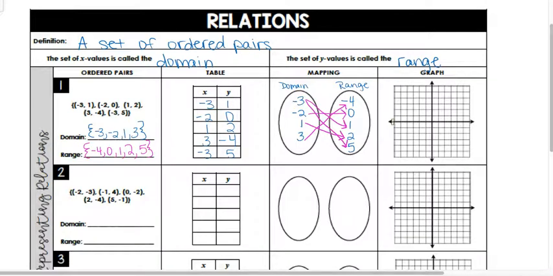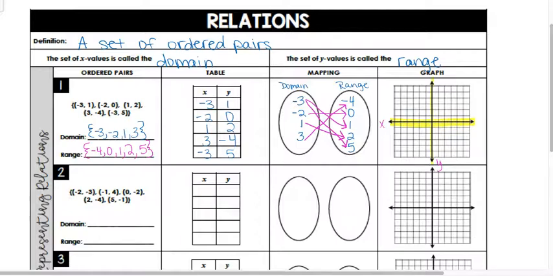Okay, I'm going to go ahead and highlight the x-axis and the y-axis so it kind of separates it out for you. You can see it clearly. And I'm going to go ahead and label the x and the y-axis for you.